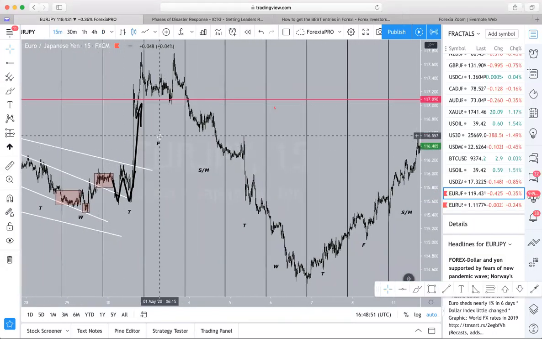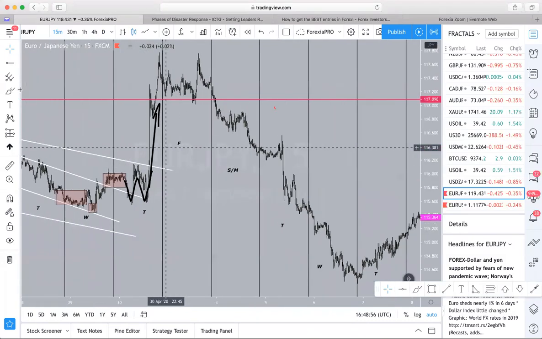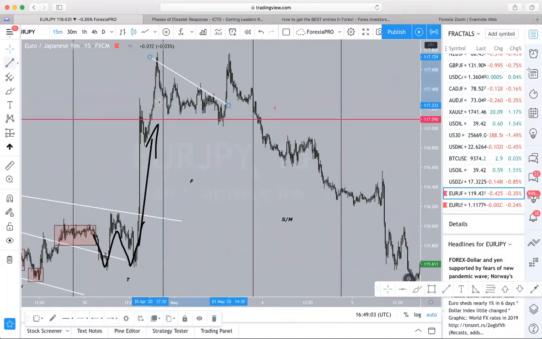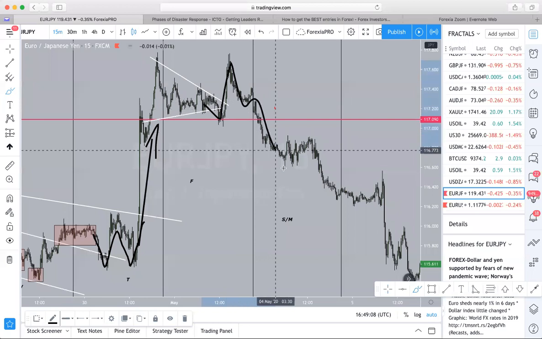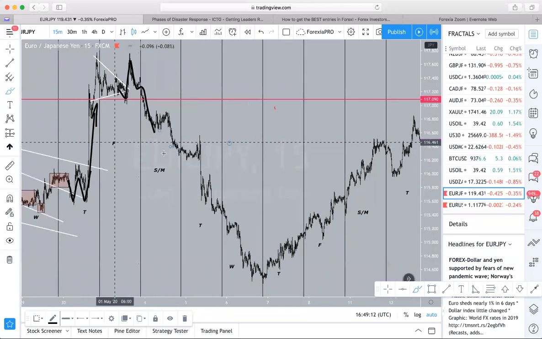Here we have Friday once again, the end of the week. Actually, this was a beautiful signature trade coming Friday. Now, Friday, Sunday, Monday, Tuesday, Wednesday.